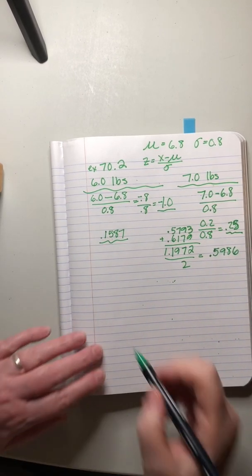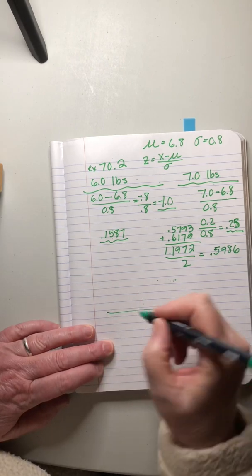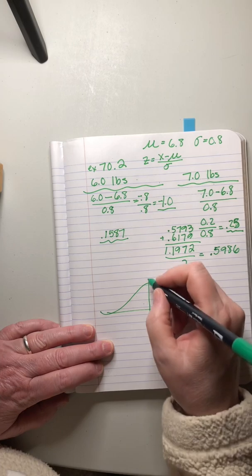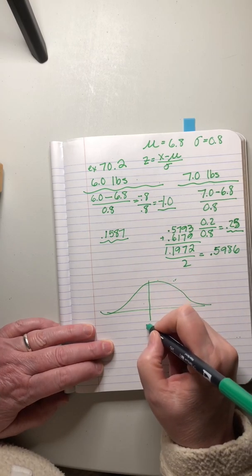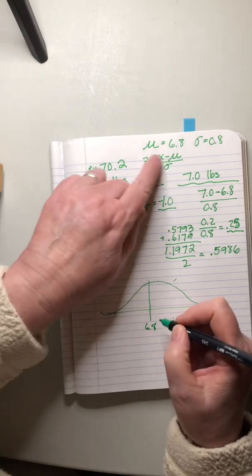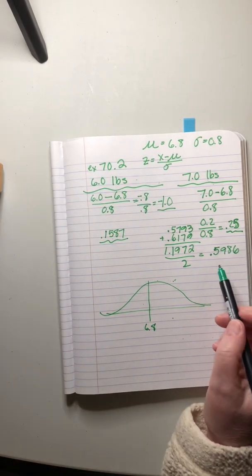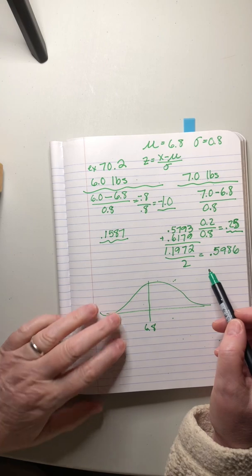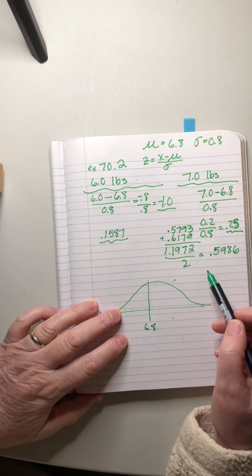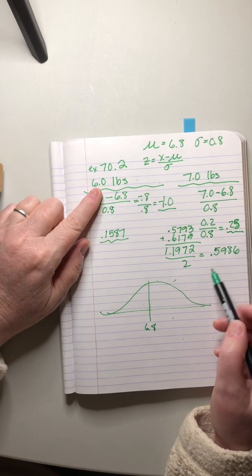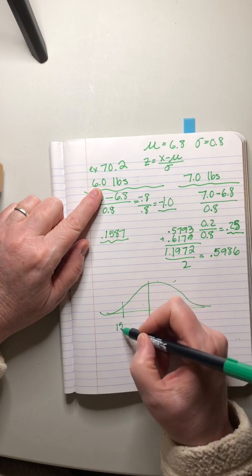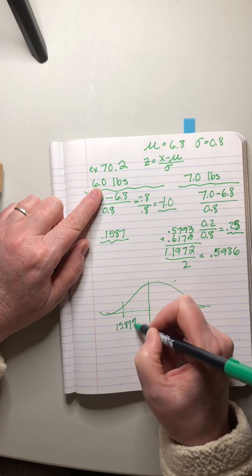So what that means, let me just draw you a chart. I didn't do that for the other one. Okay, there's our mean. Pretend it's perfect. Our mean is 6.8, right? And so our babies who are at 6 pounds are down here. They're at the 15th percentile, 15.87, right?